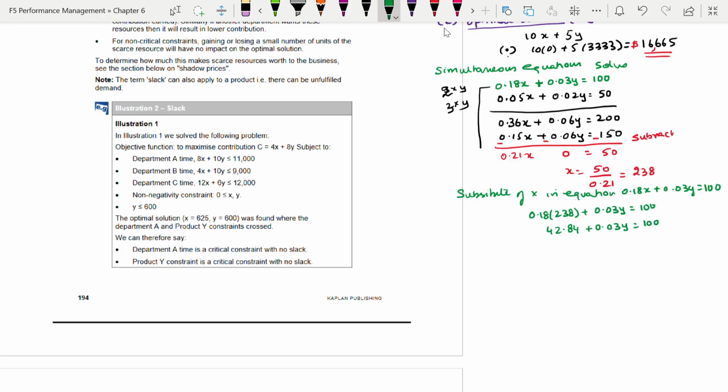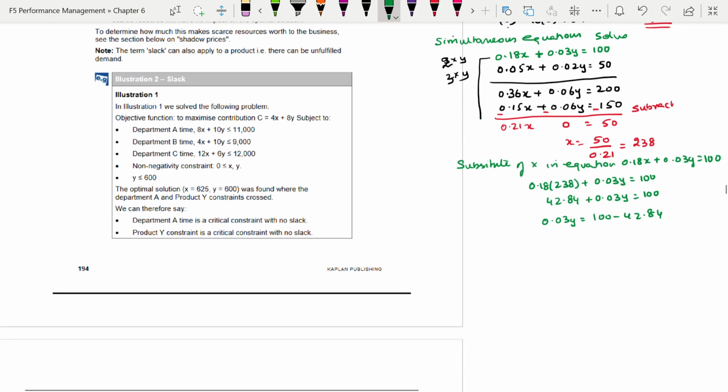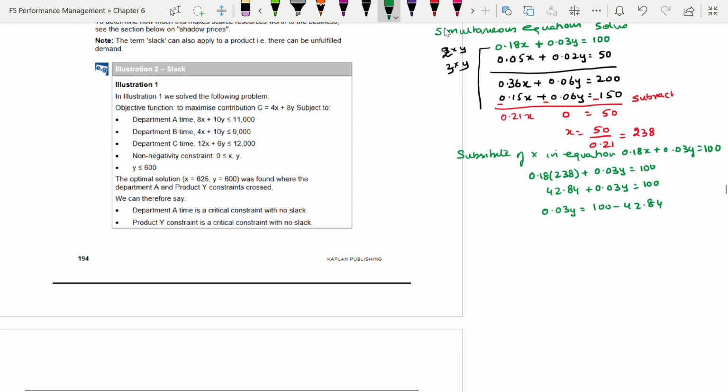Put this on the right hand side: 0.03y equal to 100 minus 42.84. Slowly do it. 100 minus 42.84 comes to 57.16, divided by 0.03.